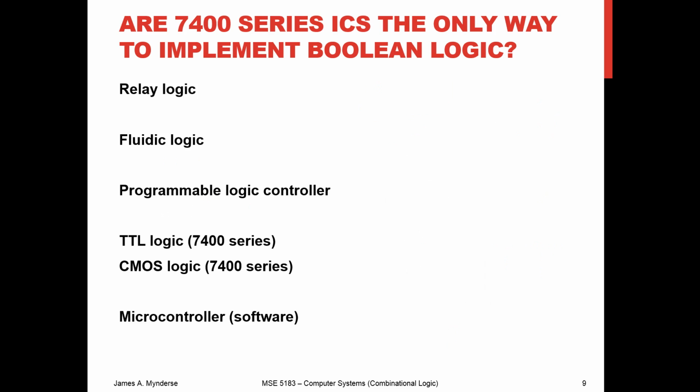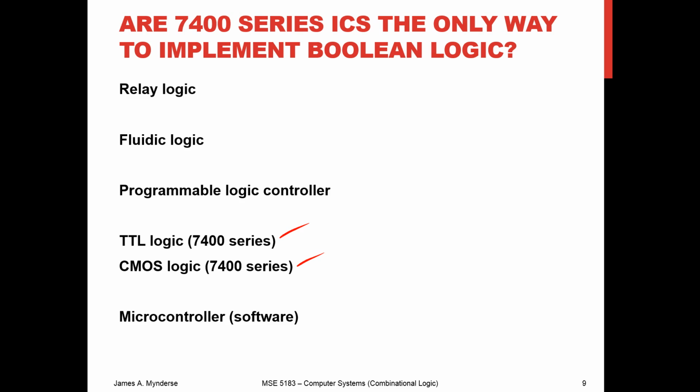So is this the only way to implement combinational logic, Boolean logic? Well, no. You can also do it using relays. You can also do it with fluids. You can use a PLC. We were just talking about TTL logic, but you could also have CMOS logic, which you can do with a 7400 series. There's particular designations for CMOS as well.